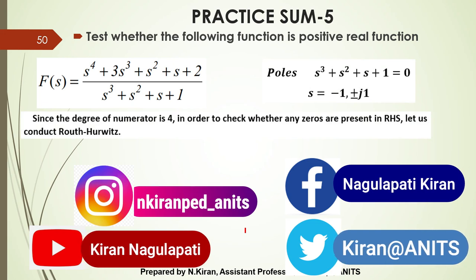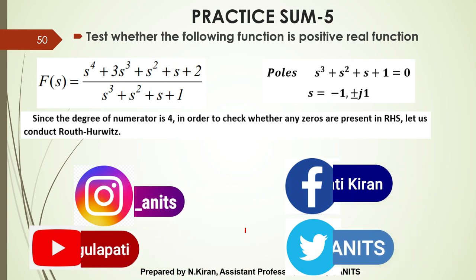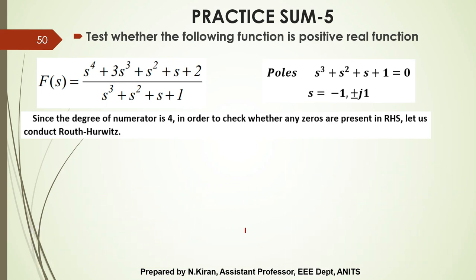So in order to find whether there are any zeros on the right half of the s-plane, we can do it by means of constructing the Routh-Hurwitz table. So if there are no sign changes in the first column of the Routh-Hurwitz table, then we can conclude that all the poles and zeros are on the left half of the s-plane.